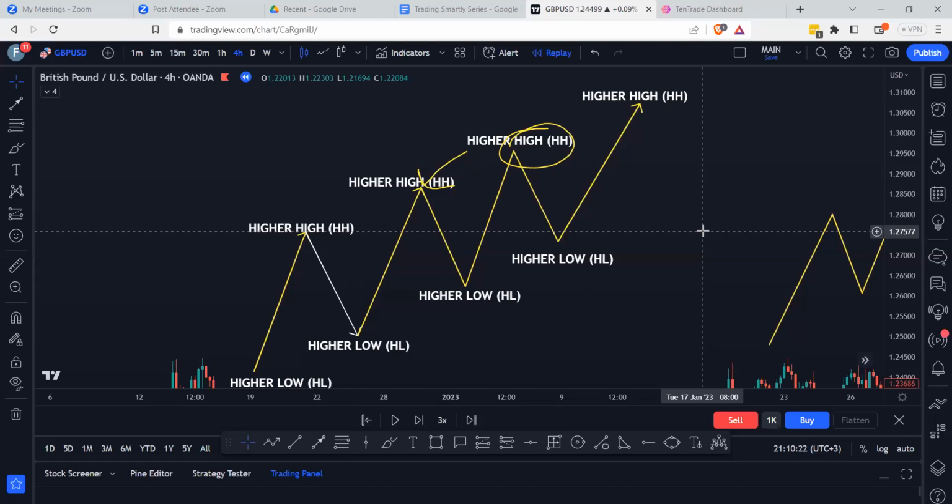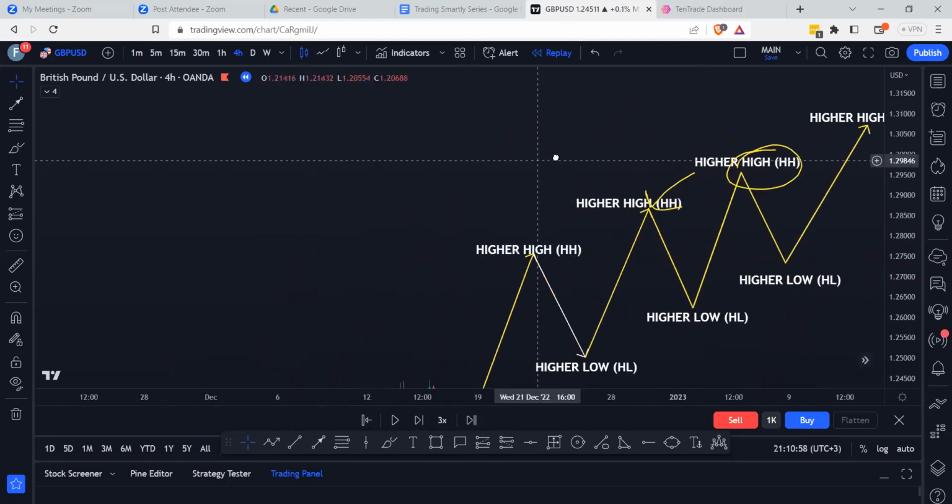In an uptrend, we look for buying opportunities. It is not recommended for our level as beginners to sell in an uptrend. You want to look for buying opportunities in an uptrend. Am I communicating, guys? Right?